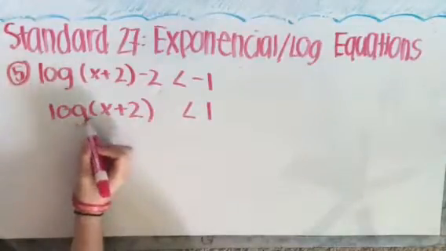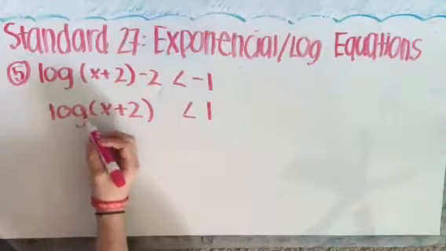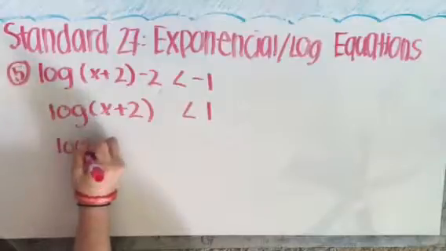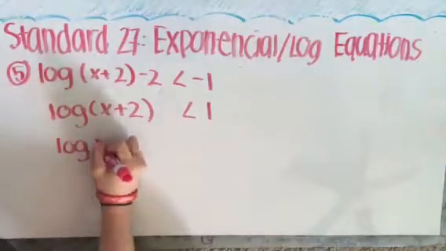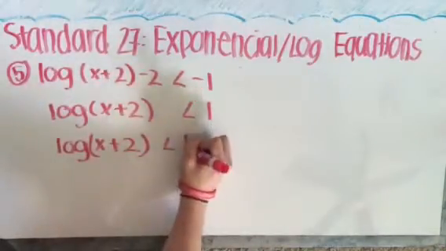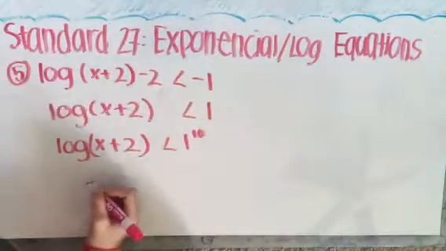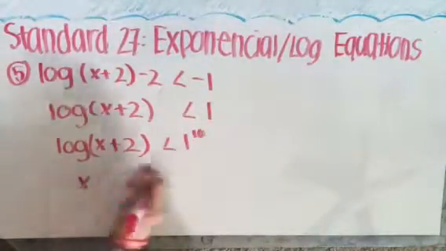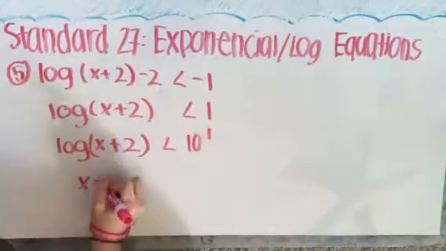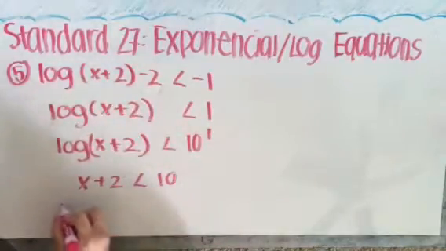And then when there's no base on the log, it's base 10. Using the formula of logs, you can move the base 10 over, making it x plus 2 is less than 10 to the 1, so x plus 2 is less than 10.